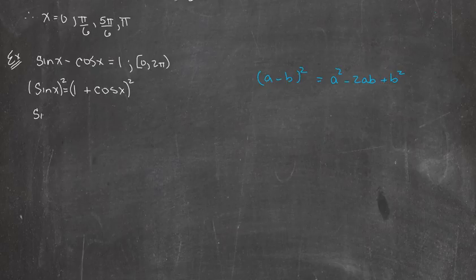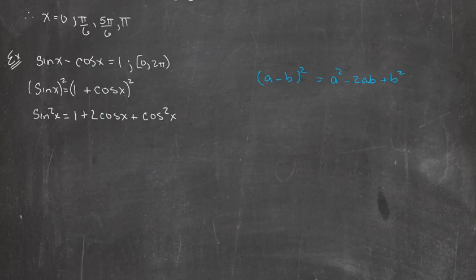So on this side I have a sine squared of x, and on this side, using the exact same distribution, I have 1 plus 2 cos x plus cos squared of x.